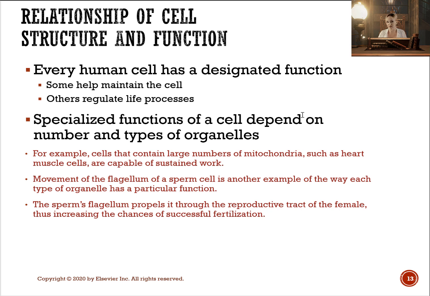Movement of the flagellum of a sperm cell is another example of the way each type of organelle has a particular function. The sperm's flagellum propels it through the reproductive tract of the female, thus increasing the chances of successful fertilization.